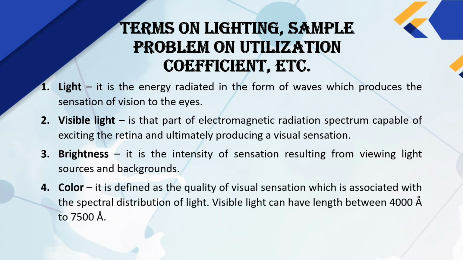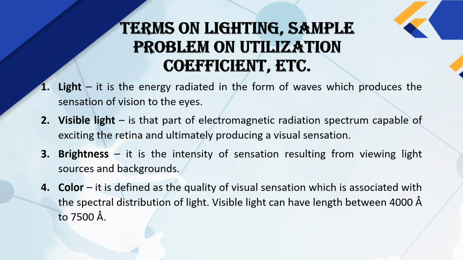Fourth, color. It is defined as the quality of visual sensation which is associated with the spectral distribution of light. Visible light can have wavelengths between 4000 Å to 7500 Å, or Angstrom.